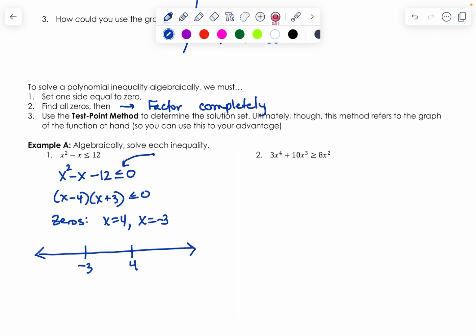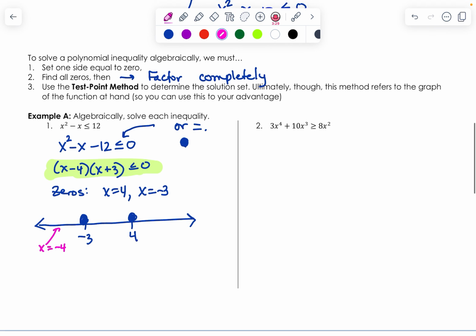If you have the or equal to, those are closed circles because at those x values, the left side is equal to 0. Then I use this factored form and pick a test point. So if I try, let's say, x is negative 4, I plug that in: negative 4 minus 4, negative 4 plus 3. That's a negative 8 times a negative 1.